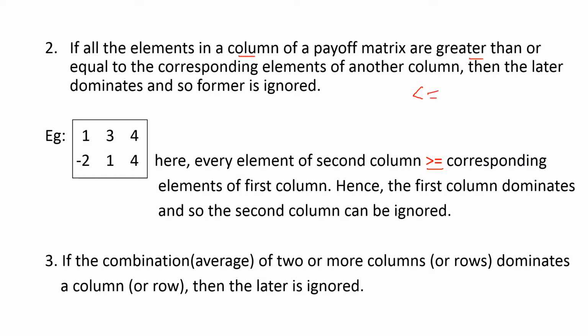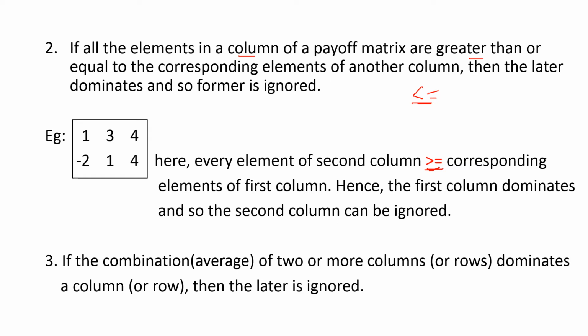Columns are being compared, checking the corresponding elements of one against the other. So the relation here is greater than or equal to, and when we are taking a row, the relation is less than or equal to.